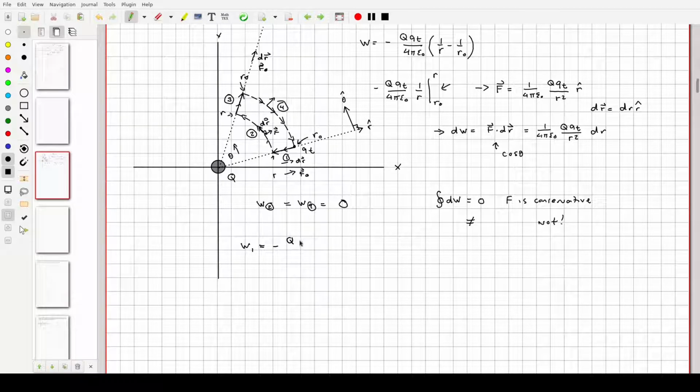When you evaluate your integral, it's final minus initial. Here final is R. Here initial is R0.